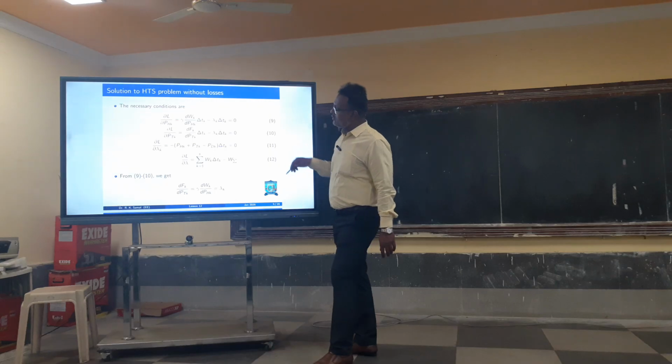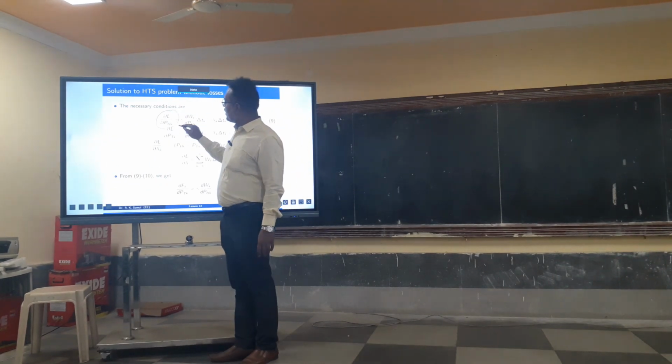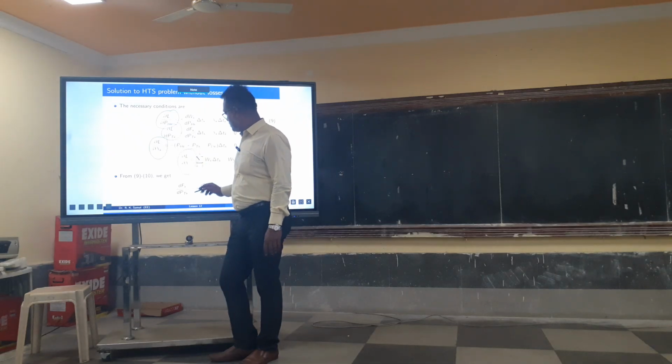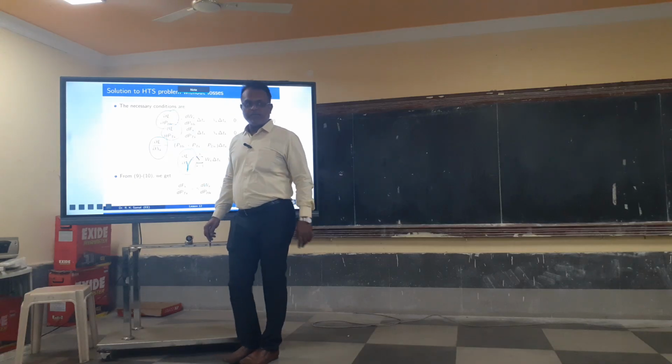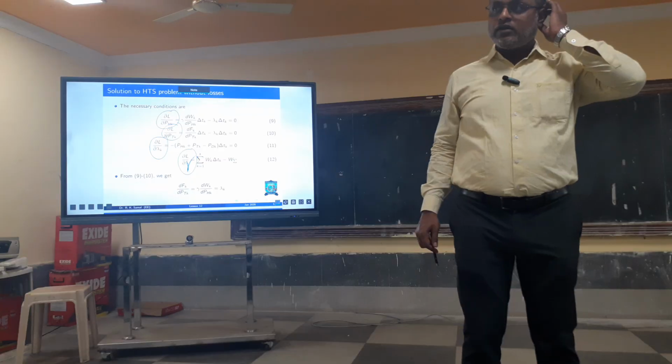This is how. So as I told you, you find the partial derivative with respect to hk, with respect to pk, with respect to lambda k, and with respect to gamma. This should be gamma, I think. With respect to gamma. To solve the problem, we get partial derivatives as follows.